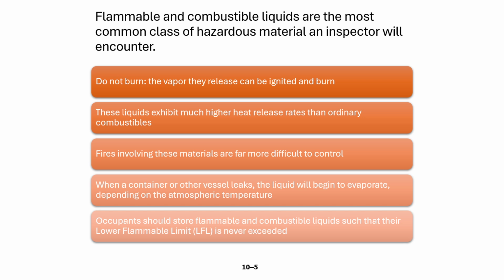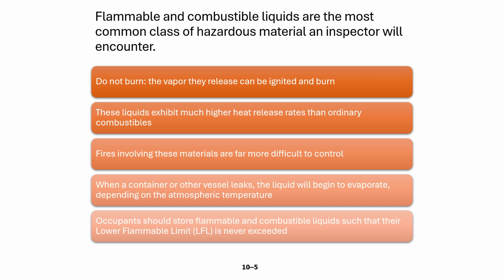When we compare that to ordinary combustibles, these liquids exhibit a higher heat release rate, and as a result, fires involving these types of material are more difficult to control. I look at it in terms of volatility. Flammable liquids, the 1As and the 1Bs, are more volatile than most other ordinary combustibles.